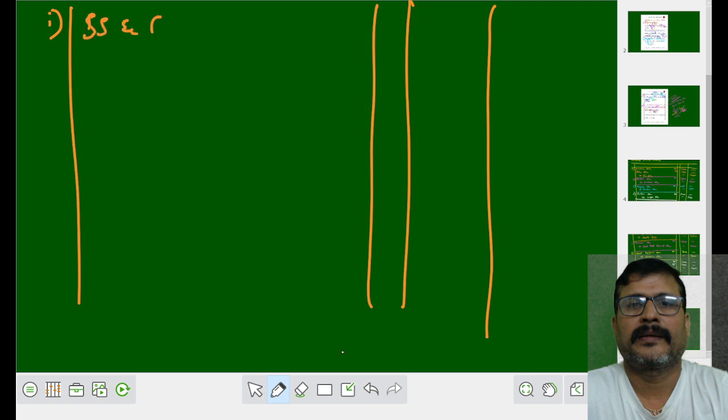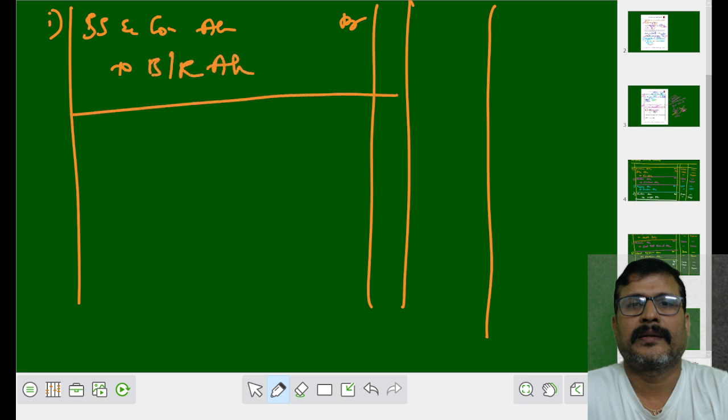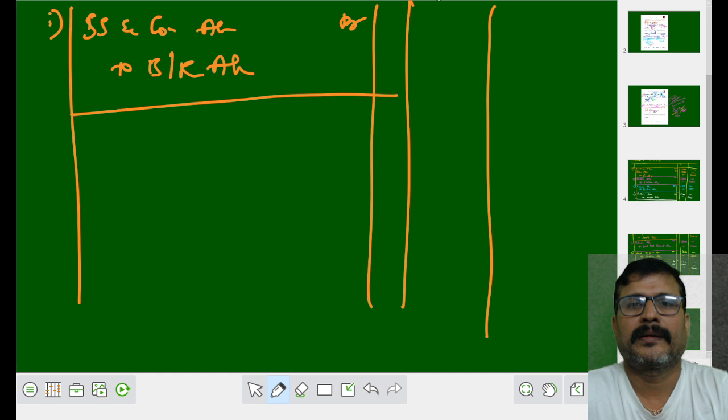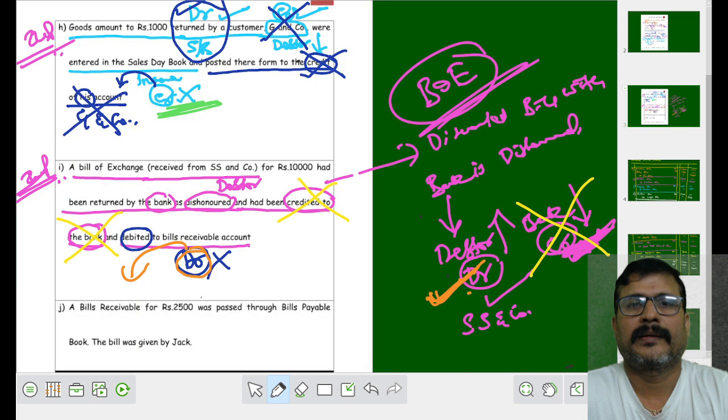S and S Co account debit to bills receivable account. An amount of rupees 10,000. Being wrong debit to bills receivable account is rectified.